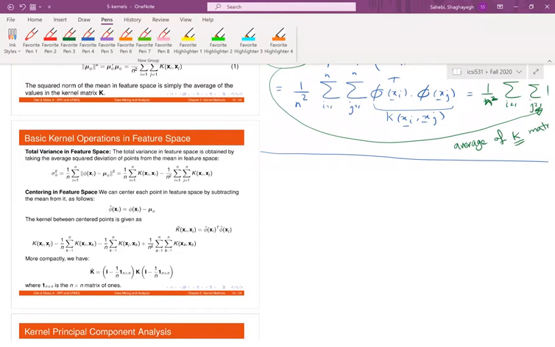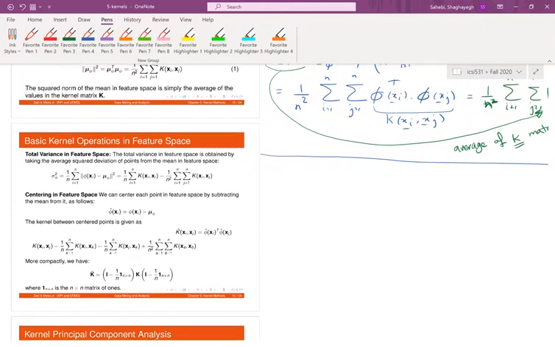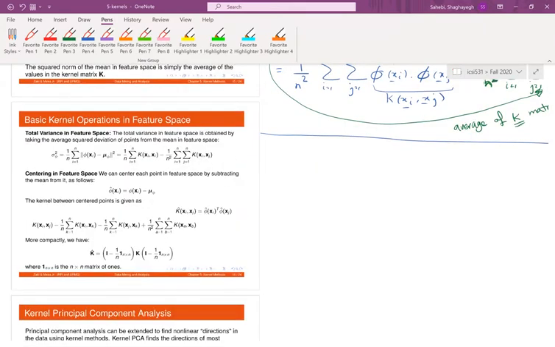So you remember the variance, right? What was the variance? The variance was 1 over n, the sum over all of our data points of their norm squared between themselves and the mean of our data. That was the sample variance.